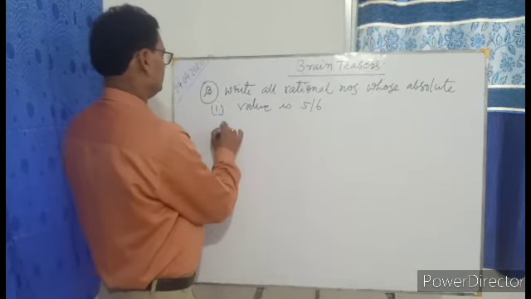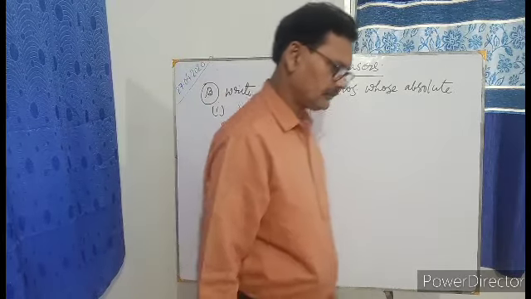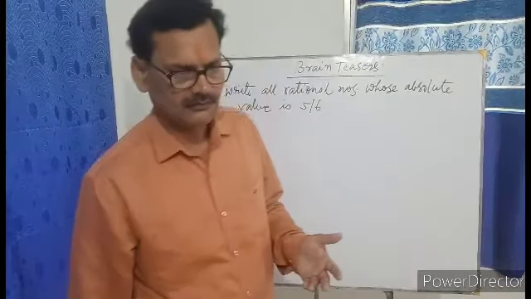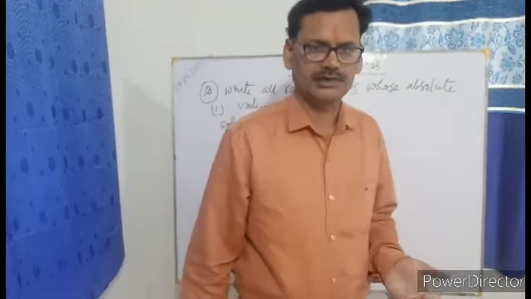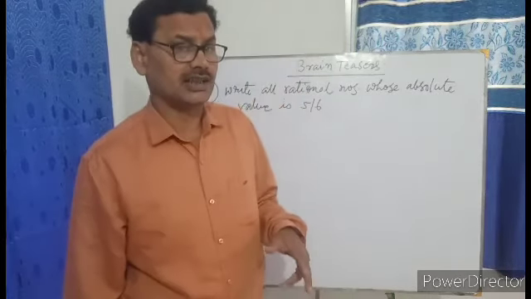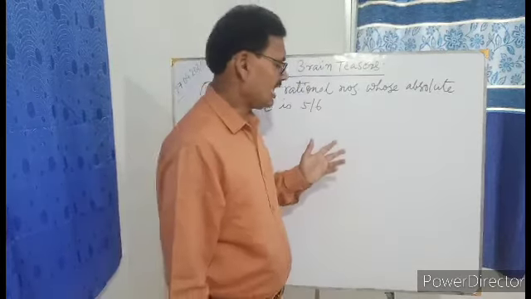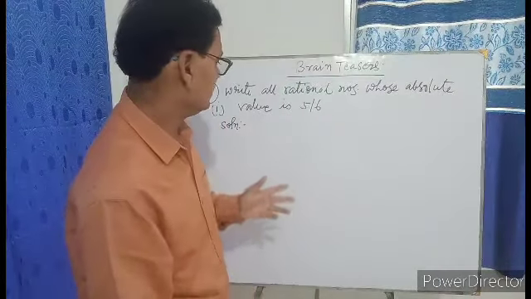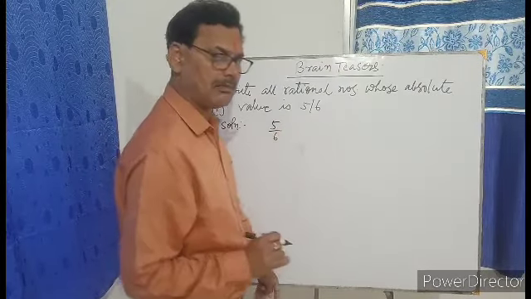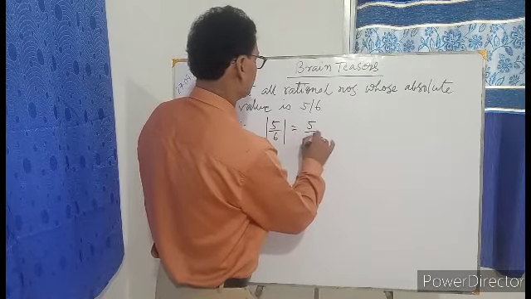So here, solution. We know the absolute value of any number, if it is positive, then its absolute value is positive. And if the number is negative, then also its absolute value is positive. So we are going to have two numbers, that is positive 5 by 6, and its absolute value will be 5 by 6.